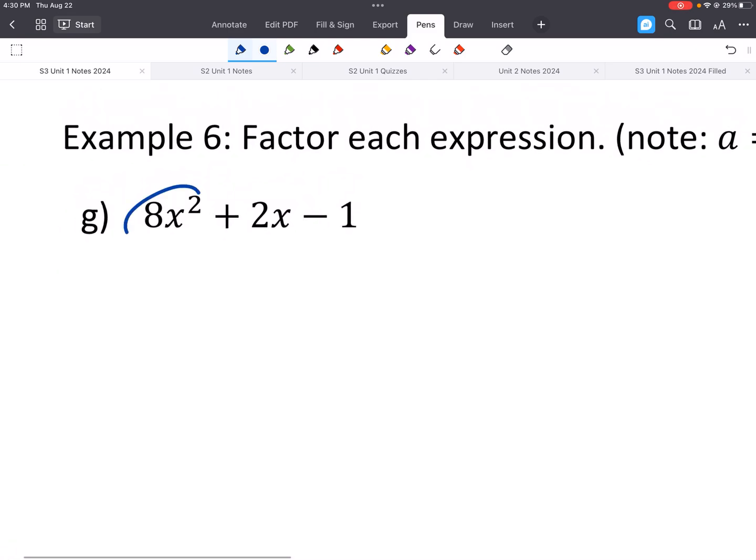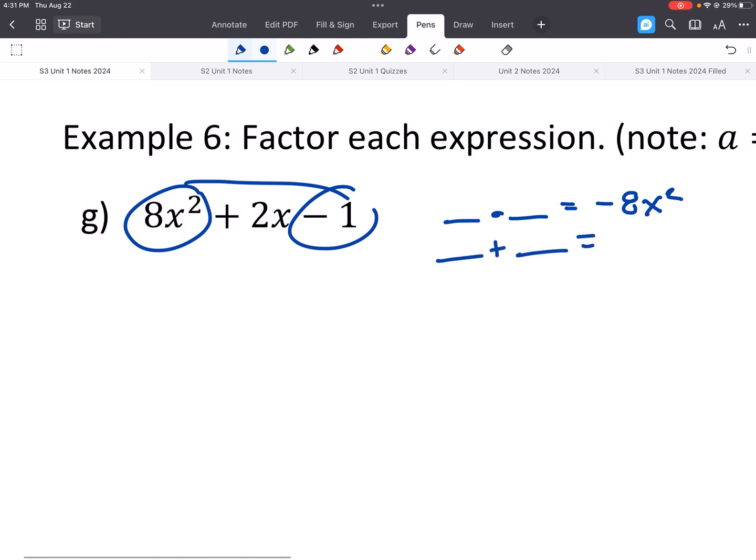So we need to figure out what multiplies to negative 8x squared and adds to 2x. So think about that for a sec. Maybe 2 and 4. We could do 2x, negative 2x, and positive 4x.